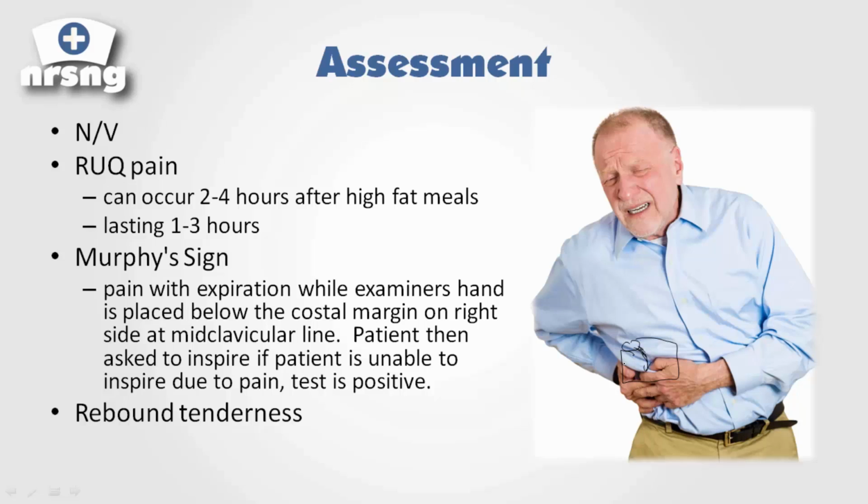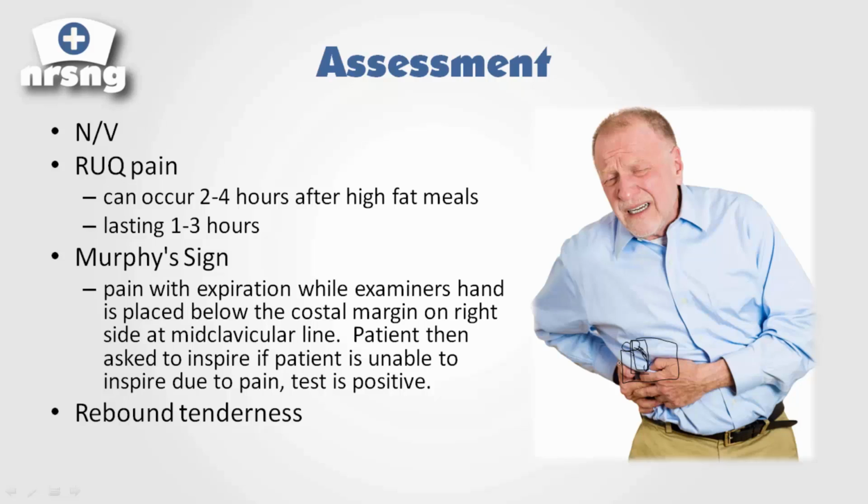Another thing that you're going to notice in patients that have inflammation of the gallbladder is what's called Murphy's sign. Murphy's sign is pain with expiration while the examiner's hands are placed here. So as we palpate here, we ask the patient to take a deep breath in, and then we ask them to try to expire.